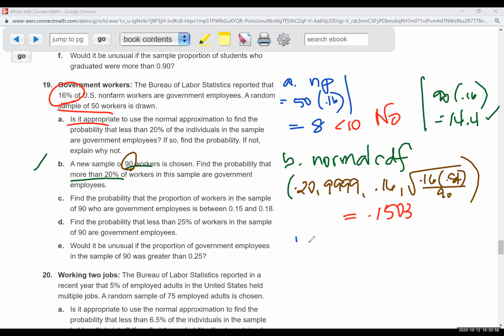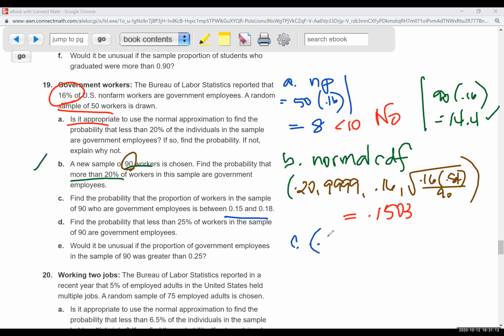The next, letter C: find the probability that the proportion of workers in a sample of 90 who are government employees is between 0.15 and 0.18. So again, it's normal CDF.